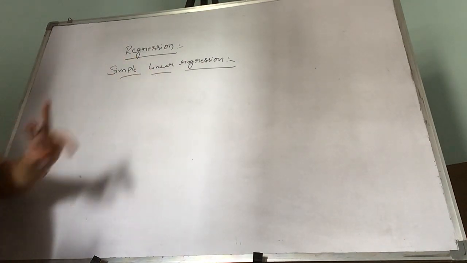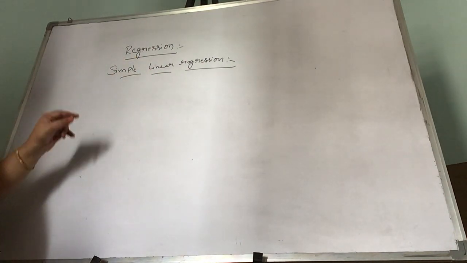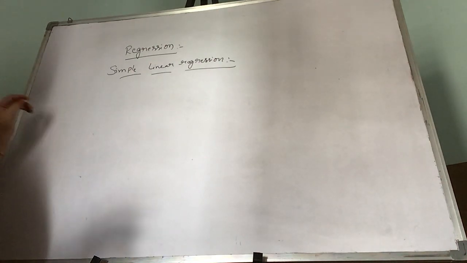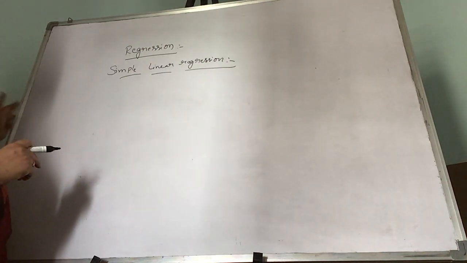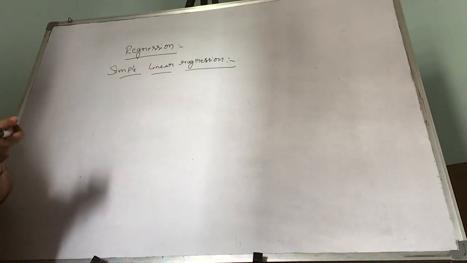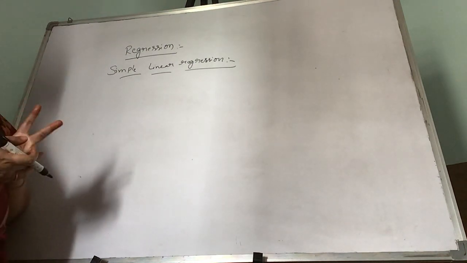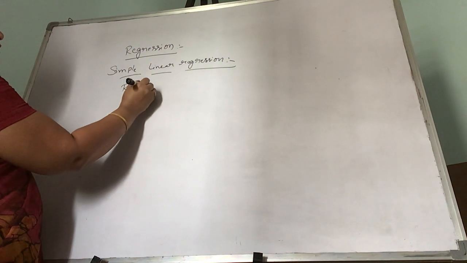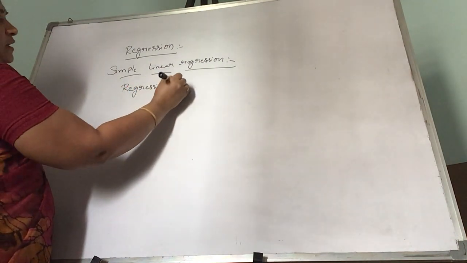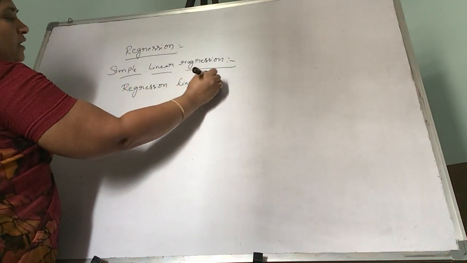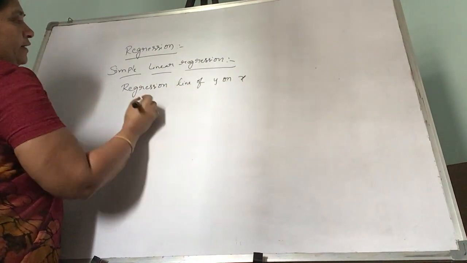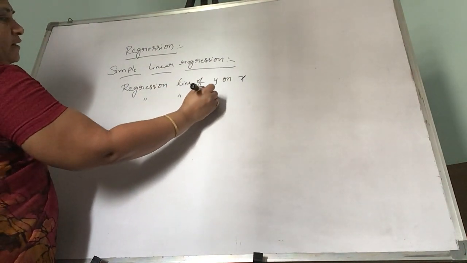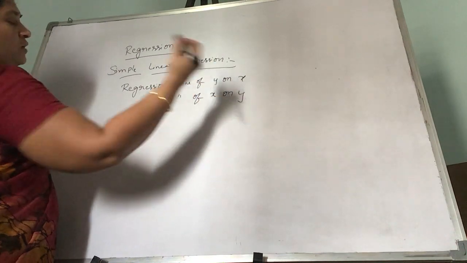That is a linear relationship; linear relation means the degree is 1. How do we get the linear regression line? There are two regression lines: the regression line of y on x, and the regression line of x on y.